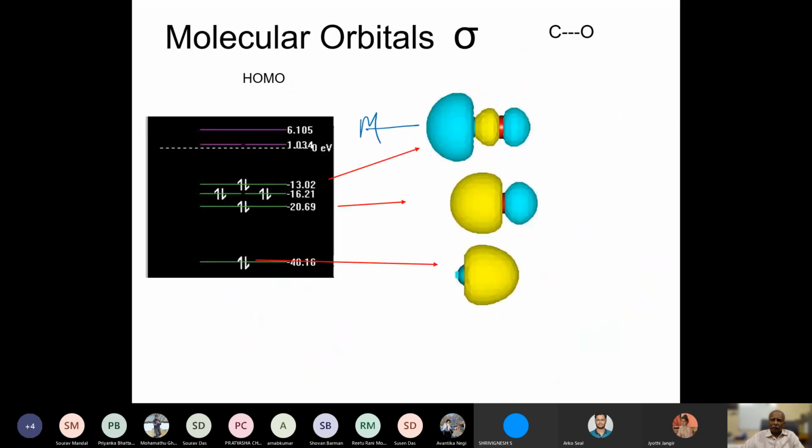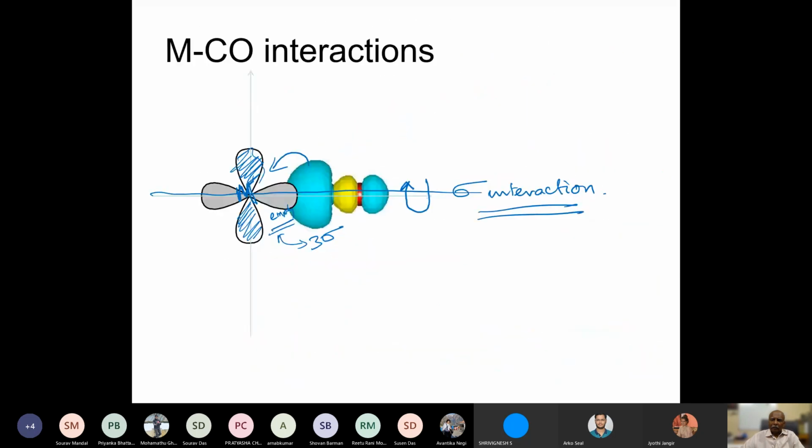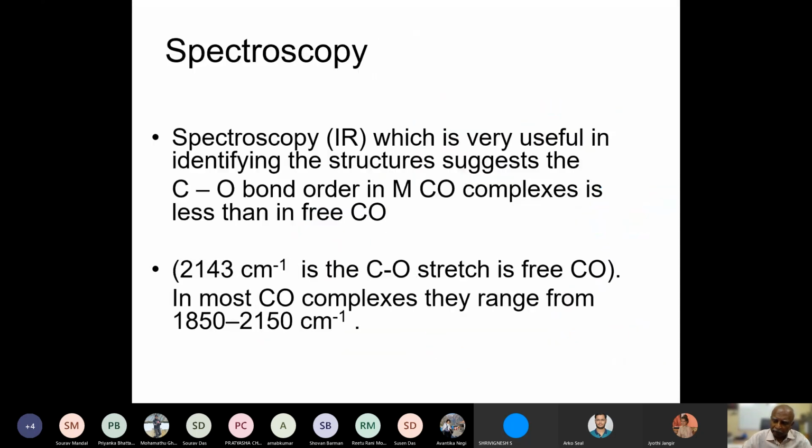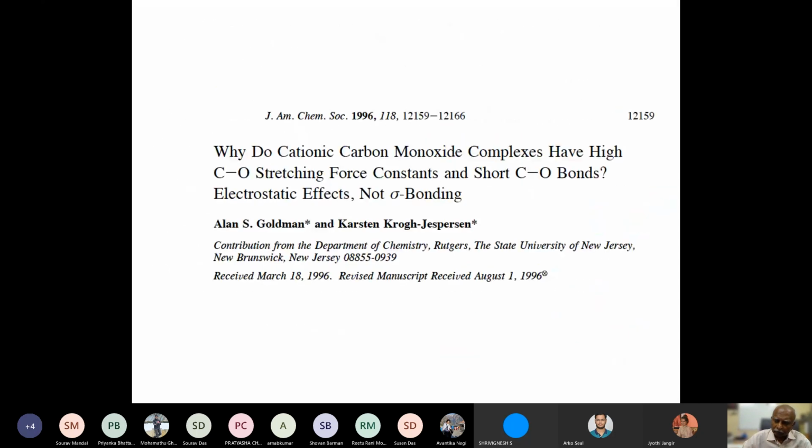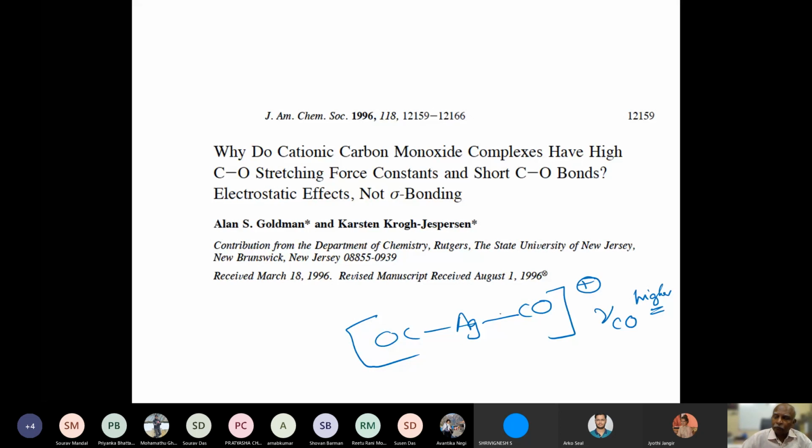If I have some complexes like Ag(CO)2 plus, the stretching frequency nu CO is actually higher, and they have in fact short CO bonds. So there seem to be multiple effects operating. That is what we're going to discuss.